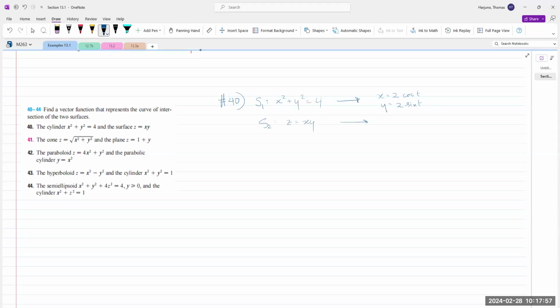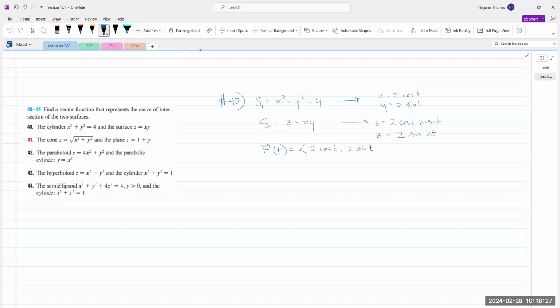So using that, 2 cosine t times 2 sine t, this will be 2 sine 2t. Okay, so the parameterization r(t) of the space curve may be 2 cosine t, 2 sine t, 2 sine 2t.